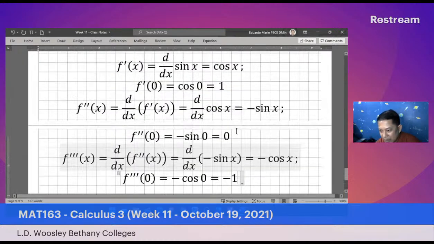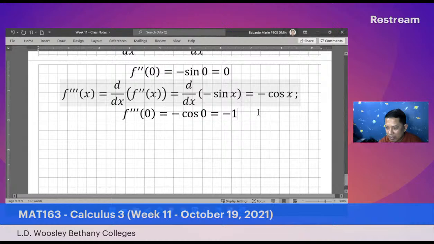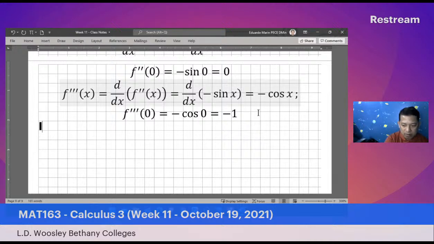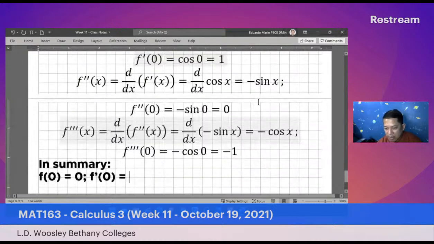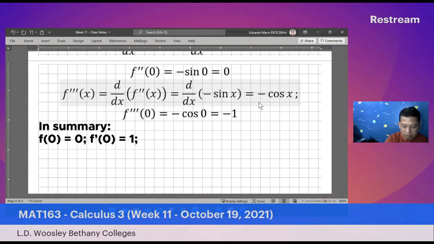Kung ilalapat ngayon natin, in summary, what is f of 0? It's 0. What is f prime of 0? It's 1. And what is f double prime of 0?